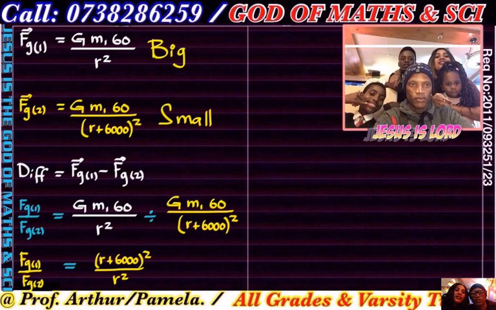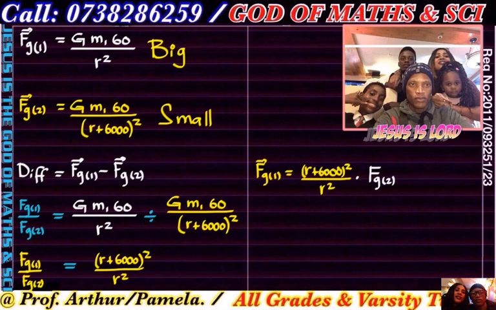You cross multiply, so you can see that the force of gravity for the first one will actually be R plus 6,000, I'm going to square that, divided by R squared times the second one.